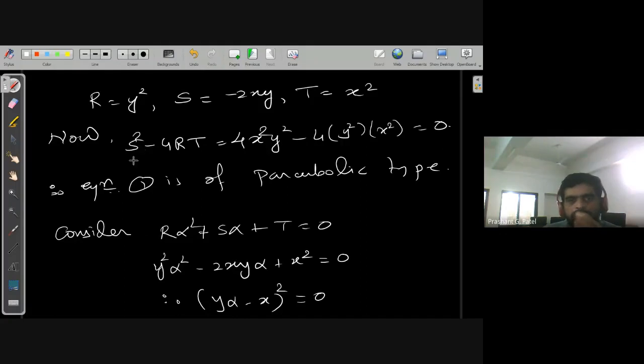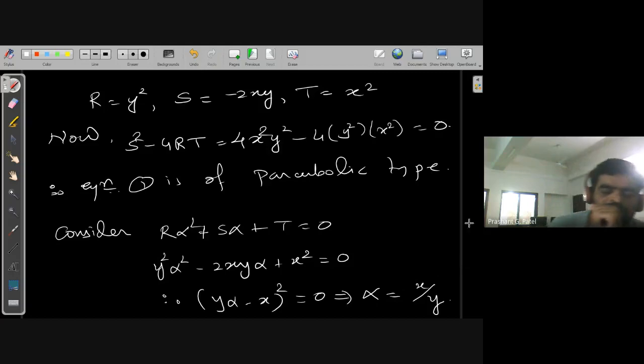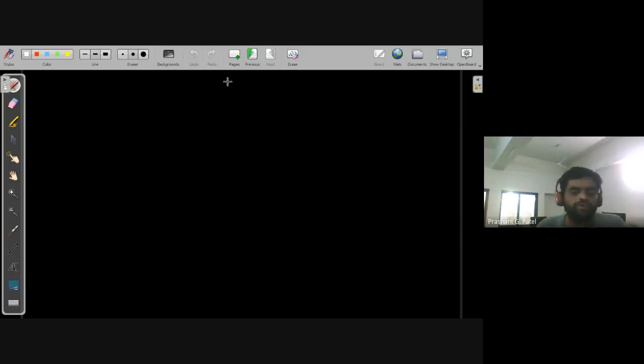Since s square minus 4rt is 0, it has only one solution, and that we can obtain by solving this, which gives me alpha equal to x by y. So only one solution is there. So now we need to look at the solution for this. This will be the value of lambda.